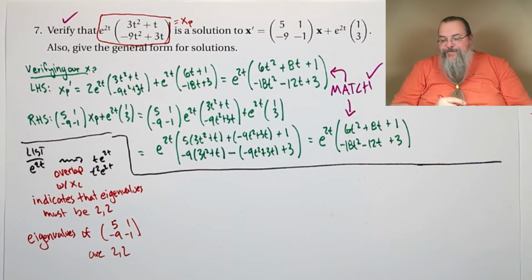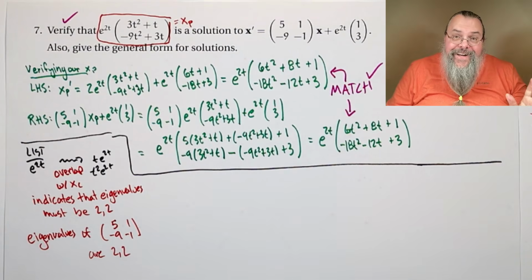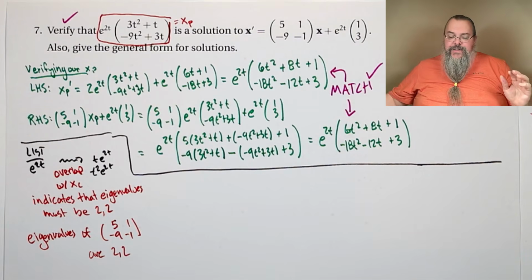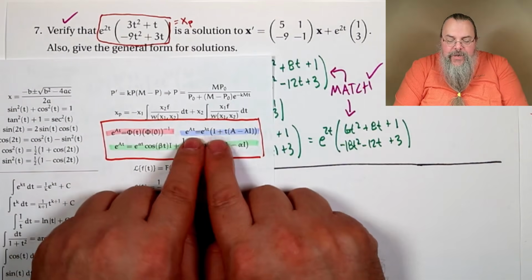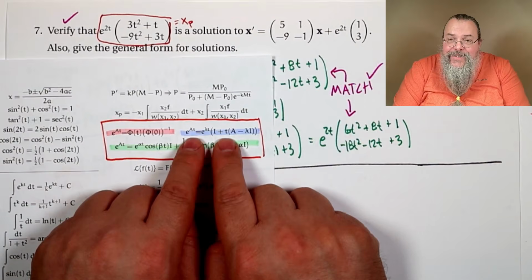How does that help us? It helps us a lot because, wouldn't you know it, we can skip finding eigenvectors and other things and jump ahead and get e to the At.